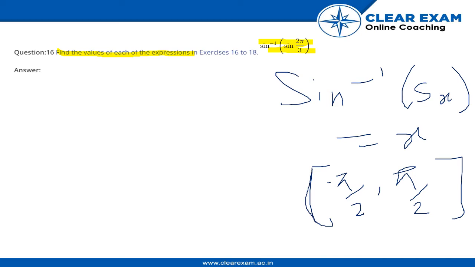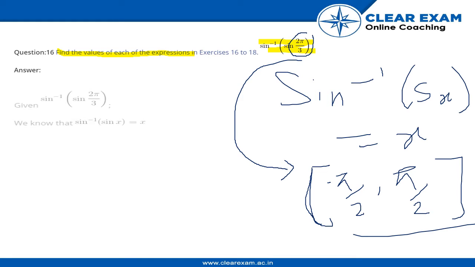We can directly apply this formula, but the problem here is that 2 pi by 3 does not lie in the minus pi by 2 to pi by 2 range. So we have to find a turnaround, some alternate method so that we can bring this 2 pi by 3 into this range. Let us see how to do it.